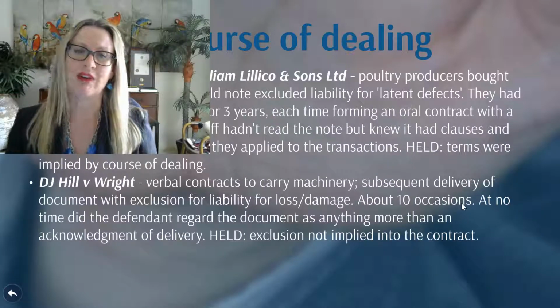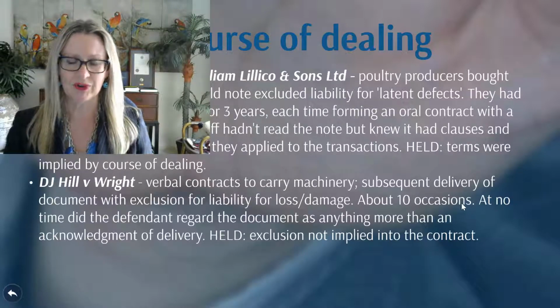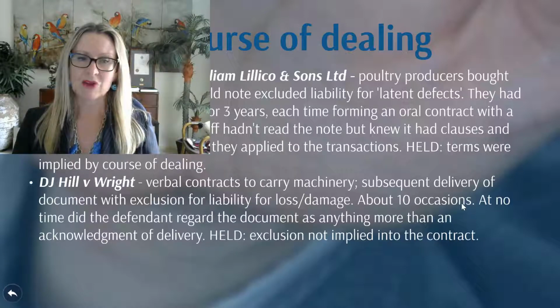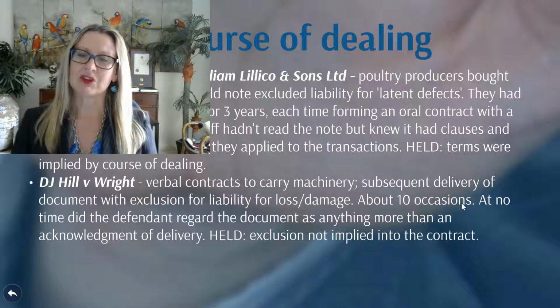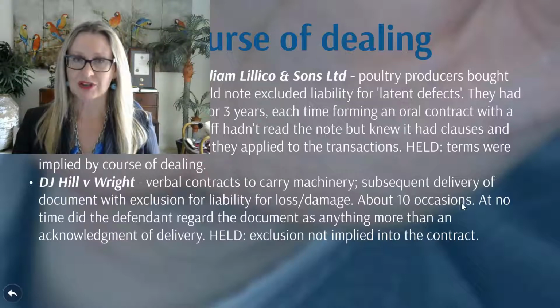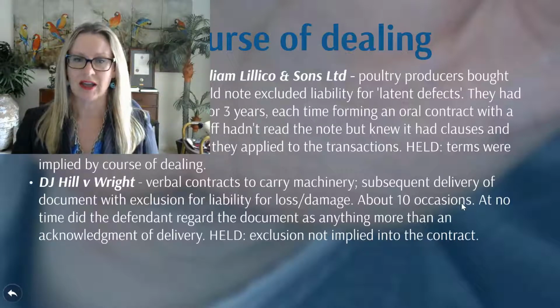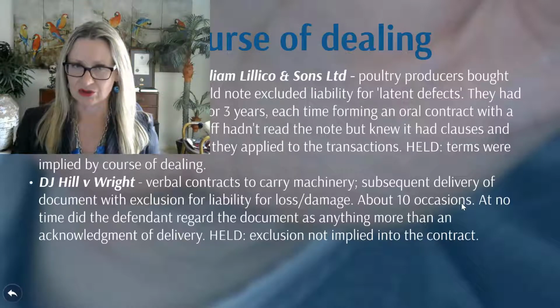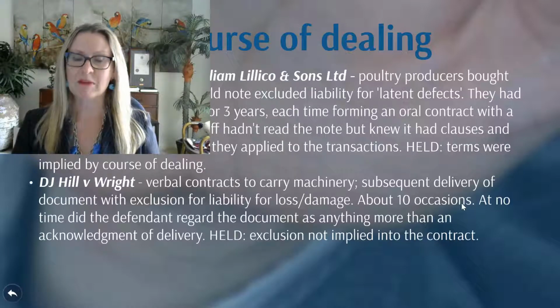DJ Hill and Wright we have already seen when we were looking at incorporation of terms previously. And we had there, remember, verbal contracts to cart machinery, to carry machinery. There were only about 10 occasions of carriage, and each time after the machinery was carried, remember we had this document that was produced for signature, and it included another exclusion clause excluding liability for loss or damage.